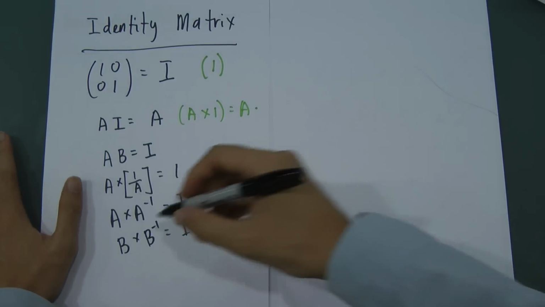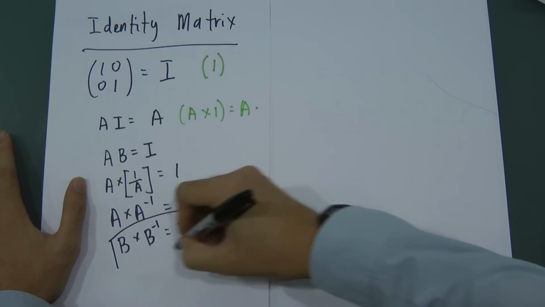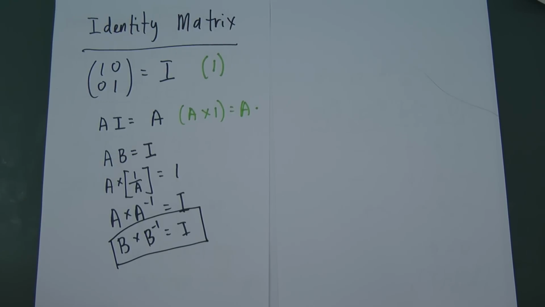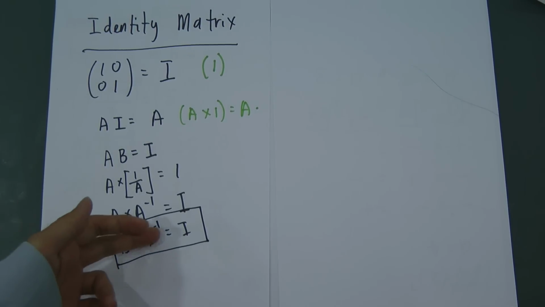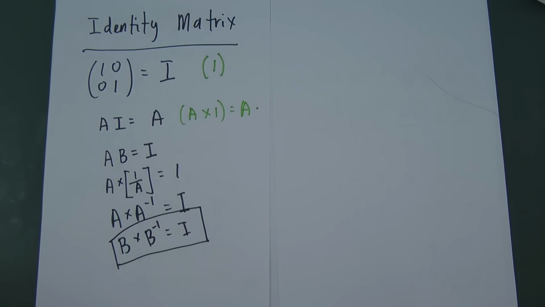Okay, this is a concept I say is very important, especially in Paper 2. However, I find that most of you still cannot understand why B multiplied by B inverse will equal I. So I'm going to use some examples to help you understand better.